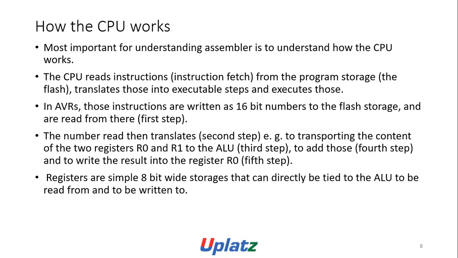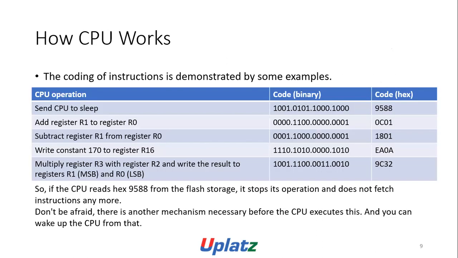The number read then translates, second step, for example, to transporting the content of the two registers R0 and R1 to the ALU, third step, and to add those, fourth step, and to write the result into the register R0, fifth step. Registers are simple 8-bit byte storages that can be directly tied to the ALU to be read from and to be written to.